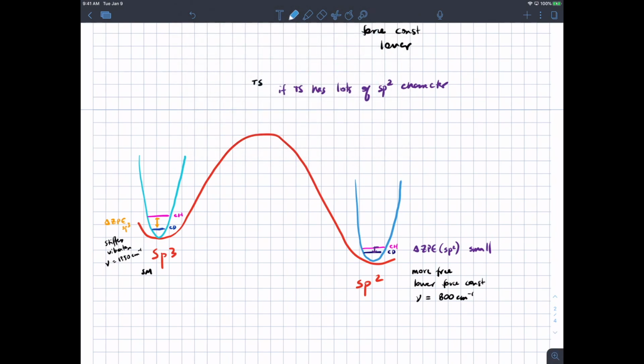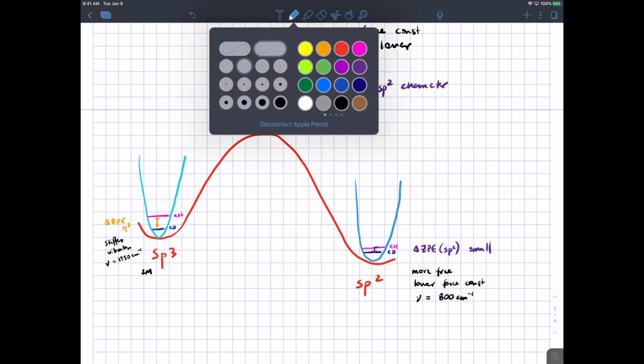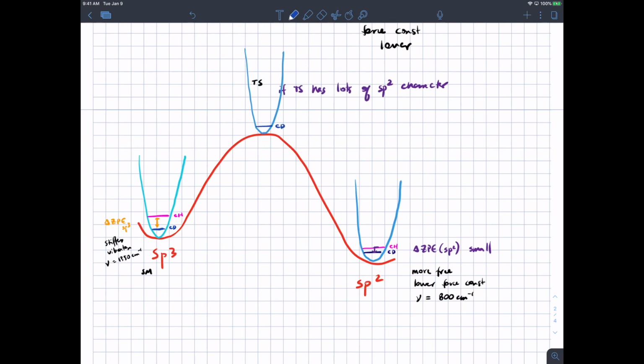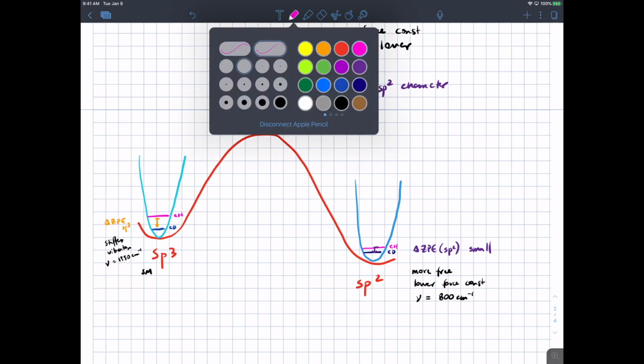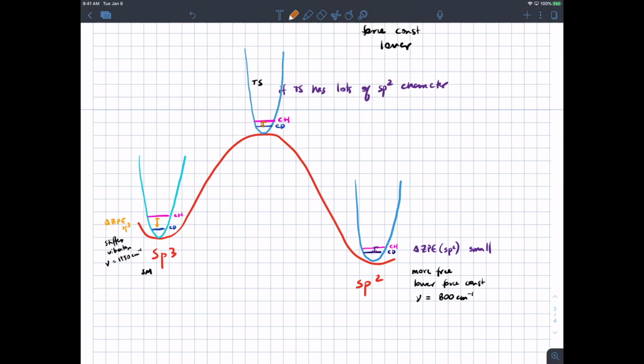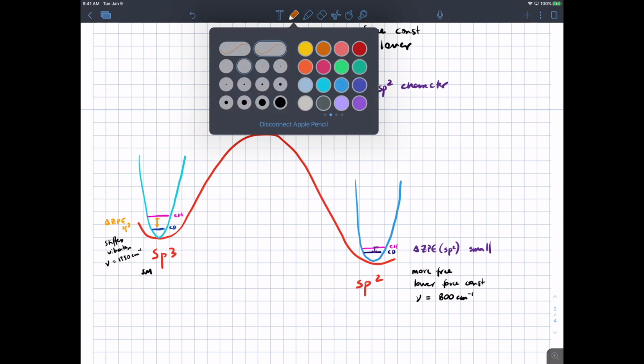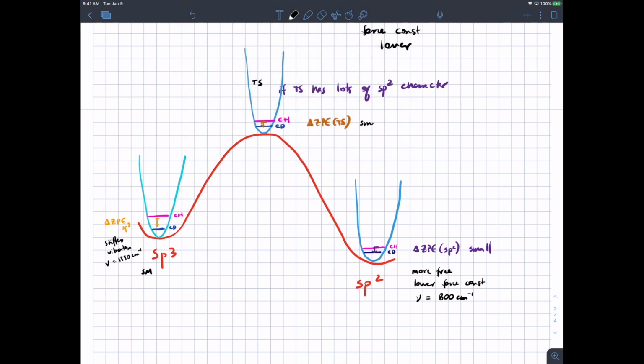then here's the vibrational energy well representing the transition state. Here's carbon-deuterium, here's carbon-hydrogen. They're not as similar as they are in the products, but the delta ZPE for the transition state is smaller than the delta ZPE for the starting materials.